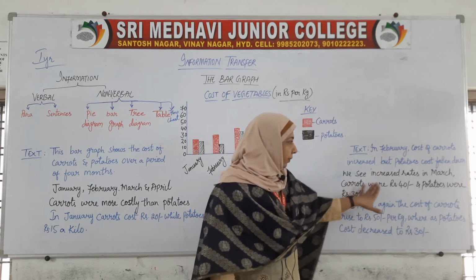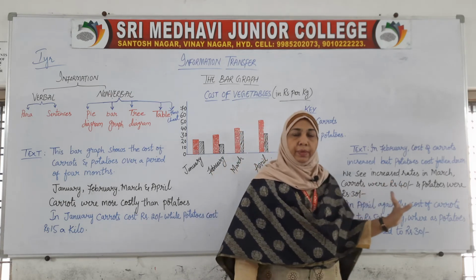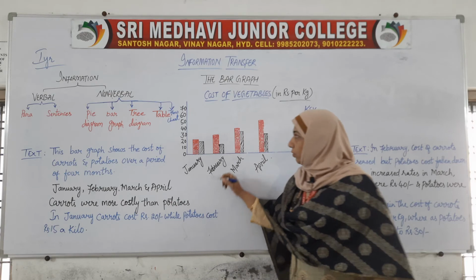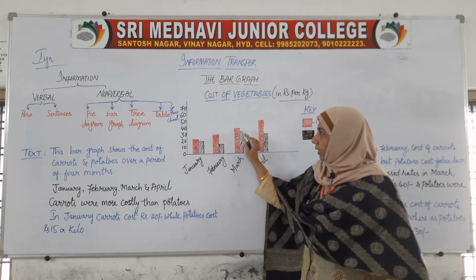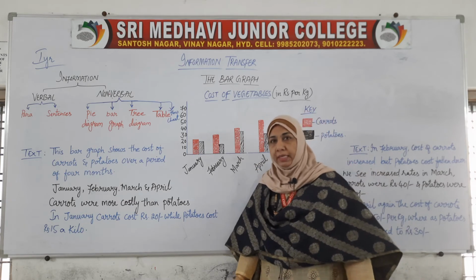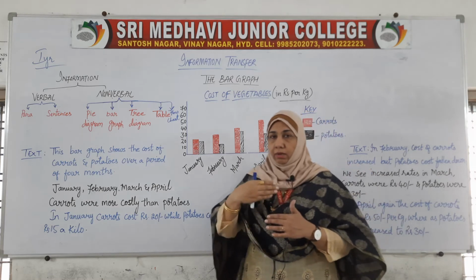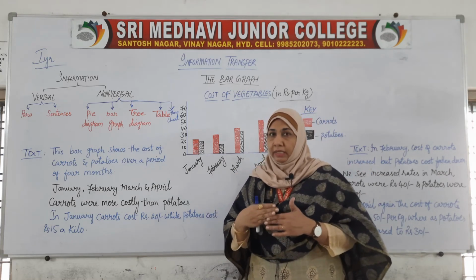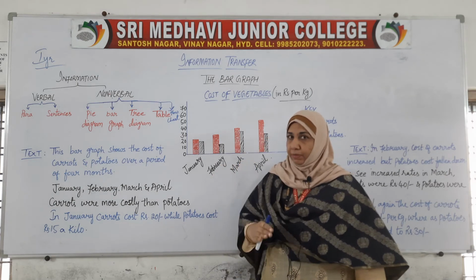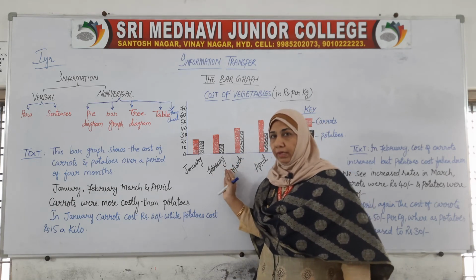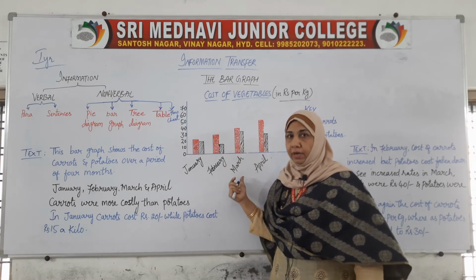What we have seen: carrots were rupees 40 and potatoes were rupees 30 in March. Carrots were always the costly ones, but in February we saw a steep downfall in the price of potatoes, whereas it increased in the month of March.